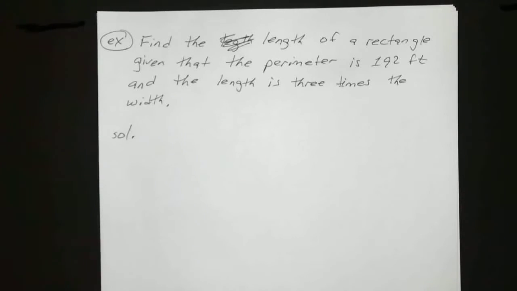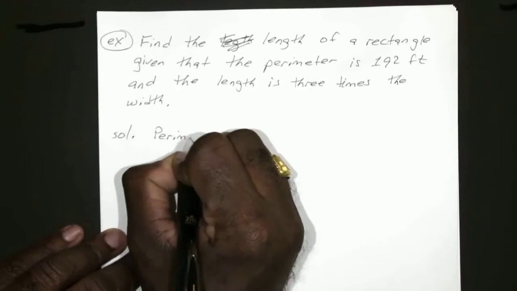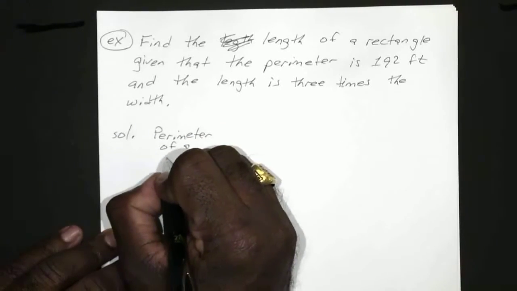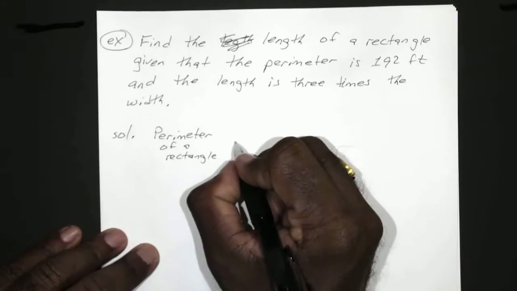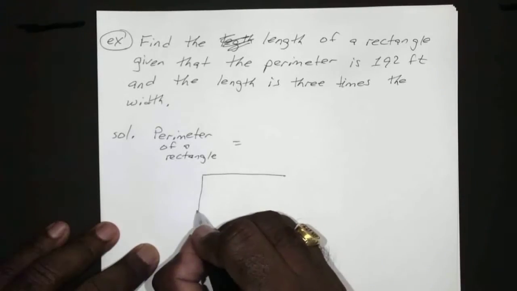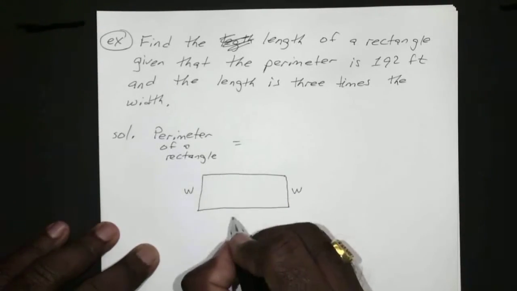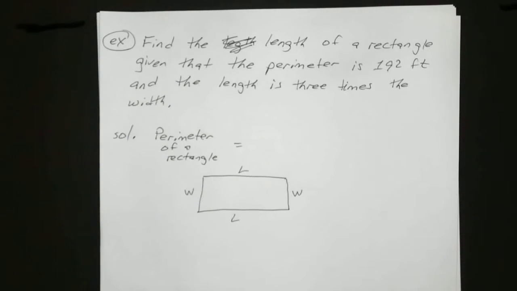Okay. So with this one, you have to kind of go back to the formulas from previous courses. The perimeter of a rectangle, if we make this our width, that our width, this our length, that our length, or the other way around, doesn't matter.